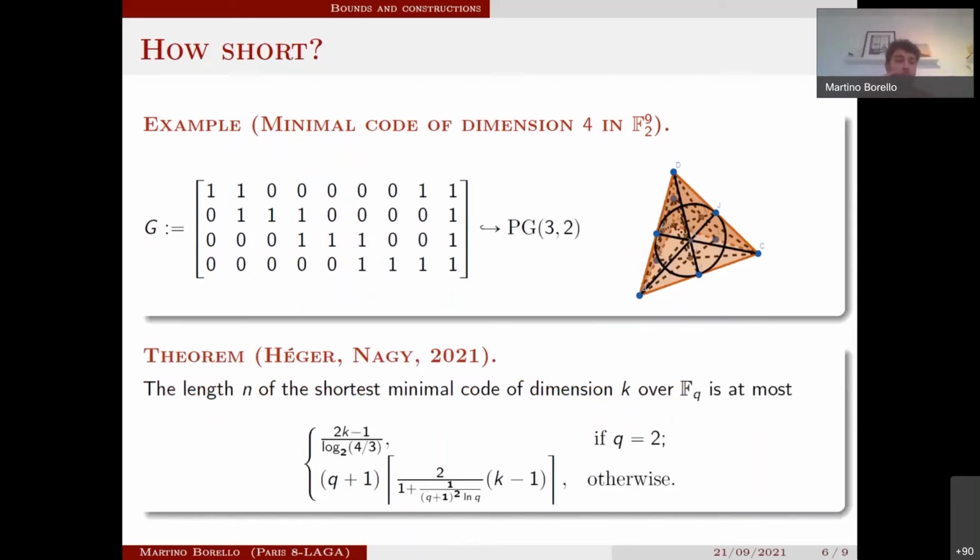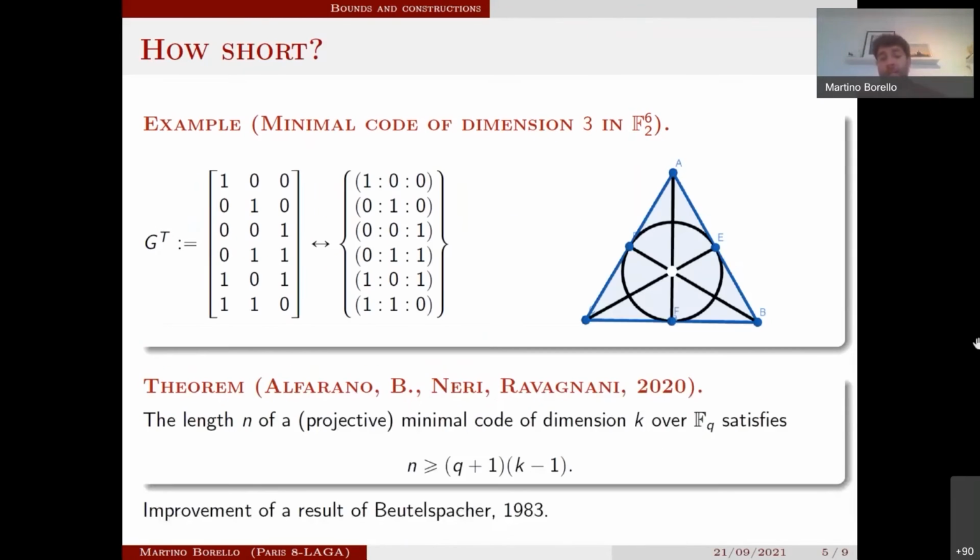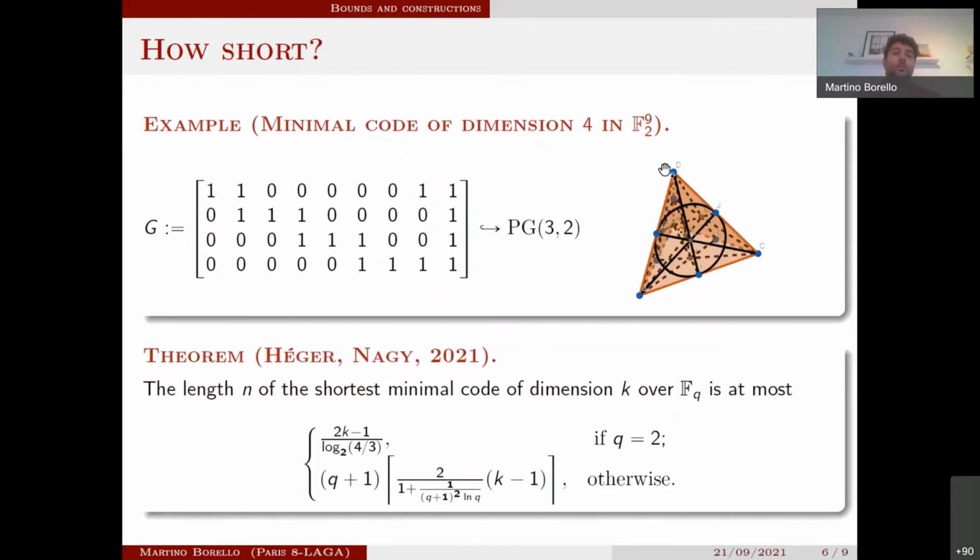The question becomes more complicated if you think about other dimensions. Here with the Fano plane it is very easy, it's also over 2. But if you start to consider codes of dimension 4, then it starts to become more complicated to see it from a general point of view.